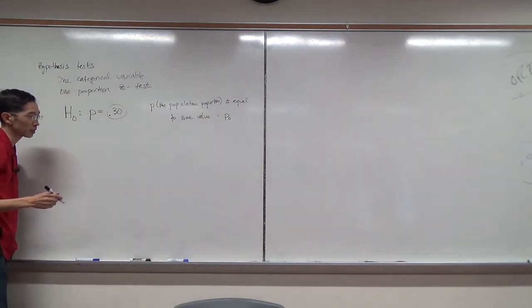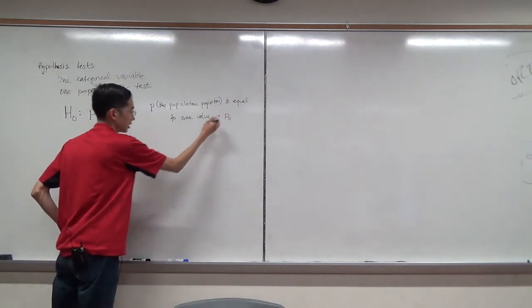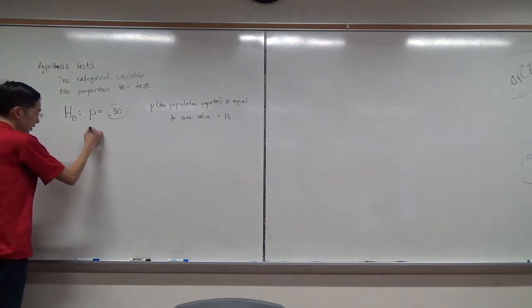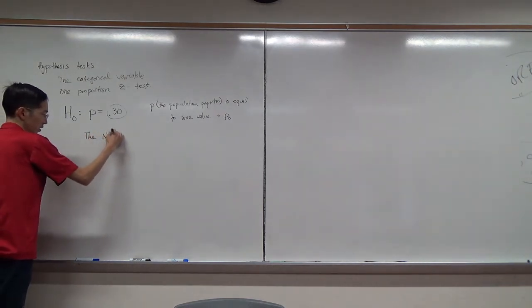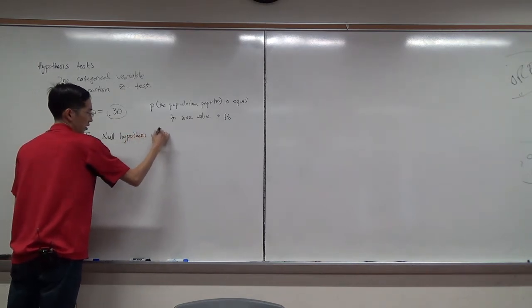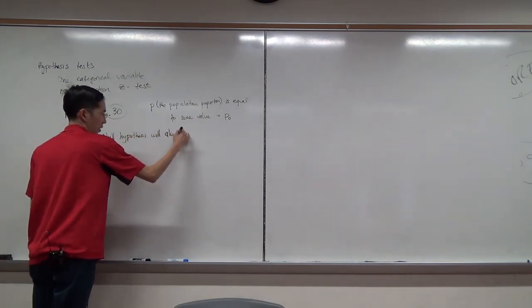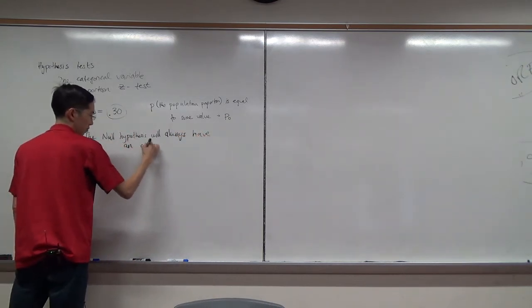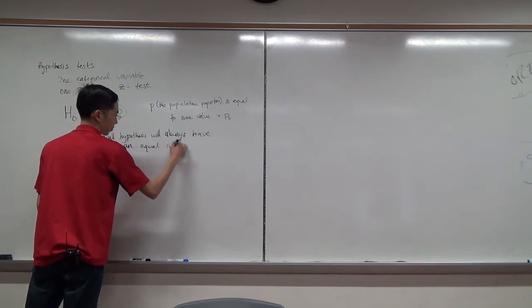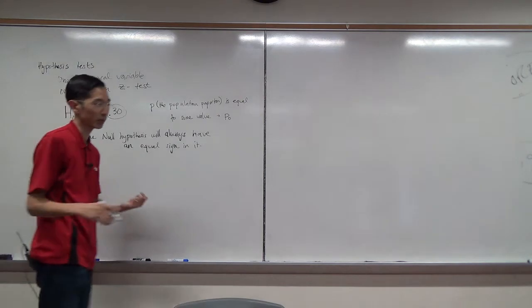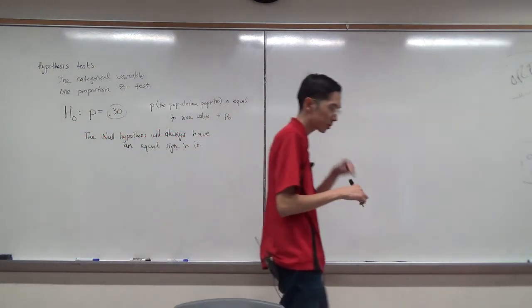Some value p0, and in this case p0 is 0.3. The null hypothesis will always have an equal sign. Just remember that. It's always going to be equal to something.